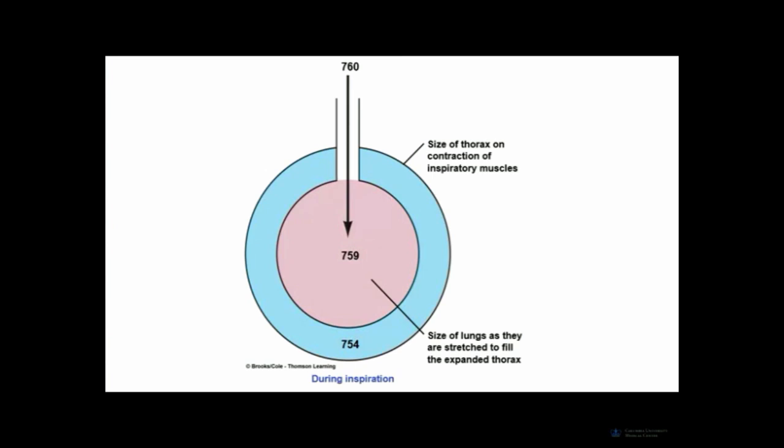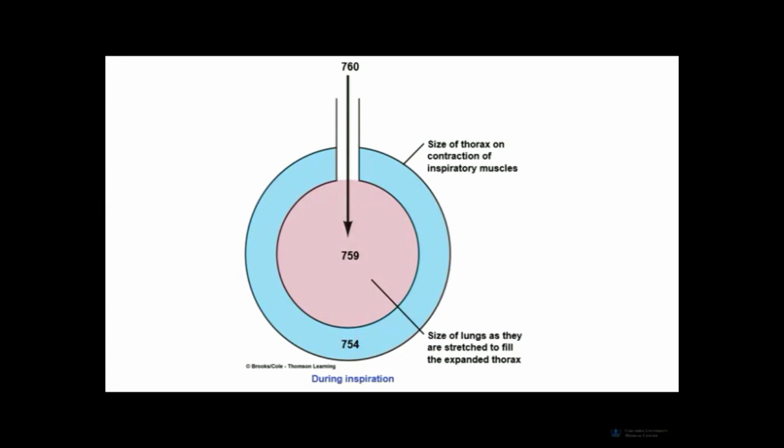Now, intrapleural pressure also changed. It went from 756 to 754. Why would intrapleural pressure change? Exactly. So all of the pulling and pressures that I described earlier, it's exaggerated.